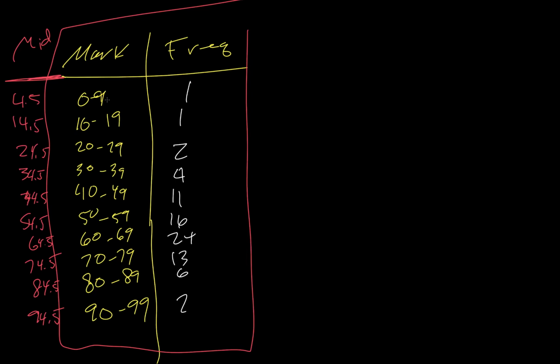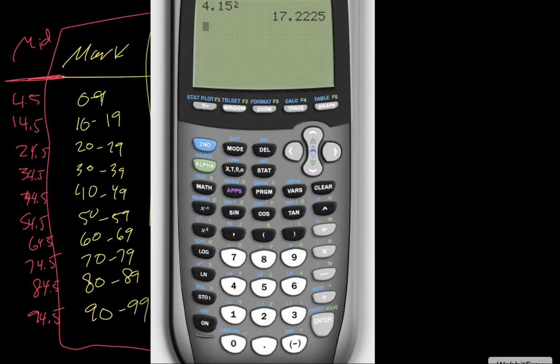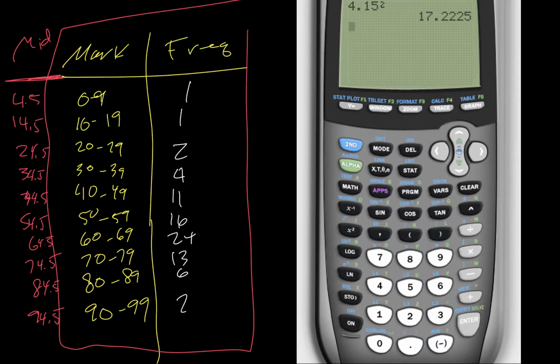So when we have continuous data like this, we can only plug in one data point, and so we just want to do the middle point. It's an estimate. Okay. Now we're going to come back to here. We're going to do this on a calculator.